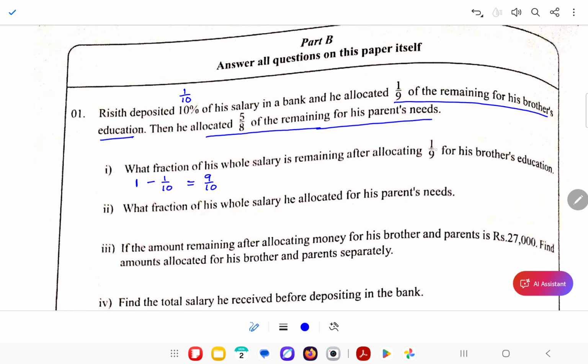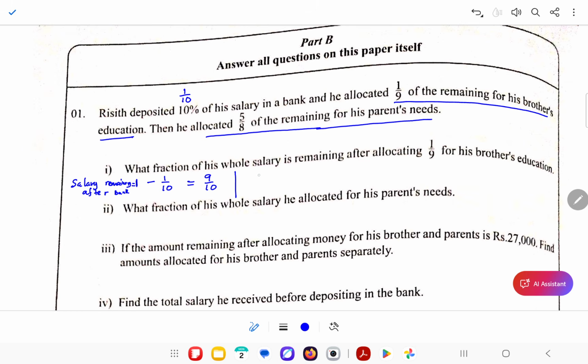So then let's figure out. 9/10 of the salary is left. Out of that, this is the salary remaining after the bank deposit. So this is 9/10.